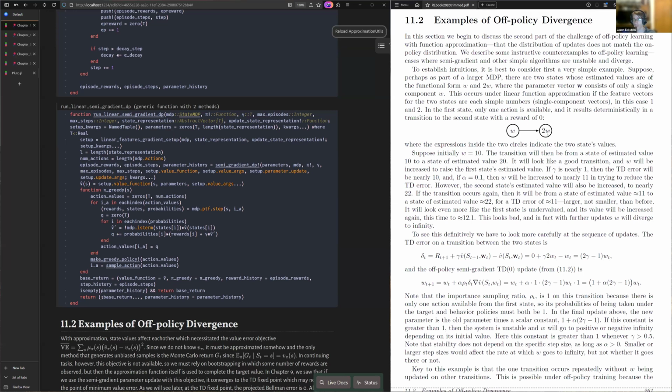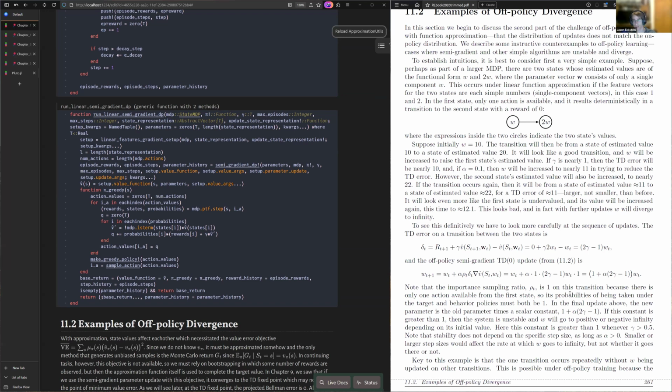And there's no way to guarantee that's not the case. You could very easily select a behavior policy that did that. Then this weight update is the only time it would occur, and this value would just blow up to infinity.